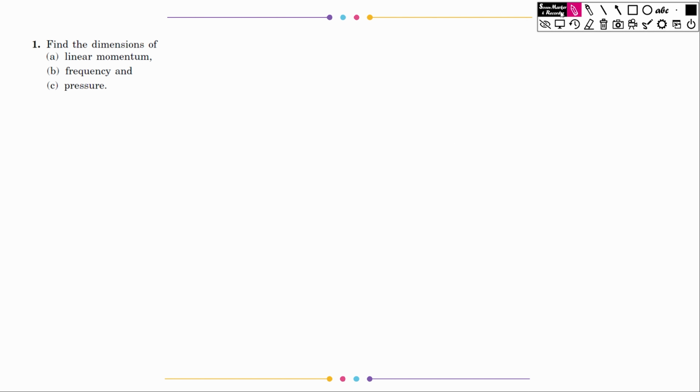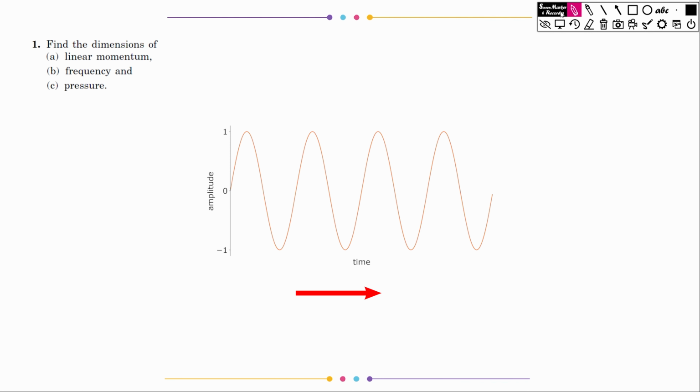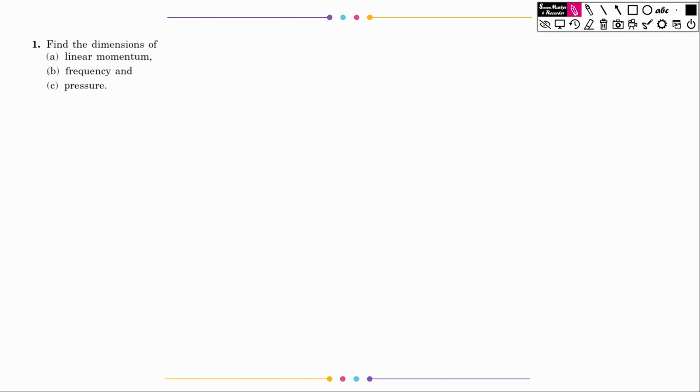Now, next is frequency. Frequency is the number of occurrences of a repeating event per unit of time. Let us look at the figure. A waveform is propagating along the x direction. T is the time period, that is the peak to peak propagation time. In another way, we can say that in T seconds, the number of variations is 1.